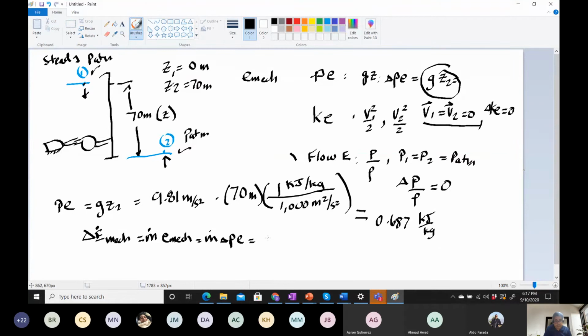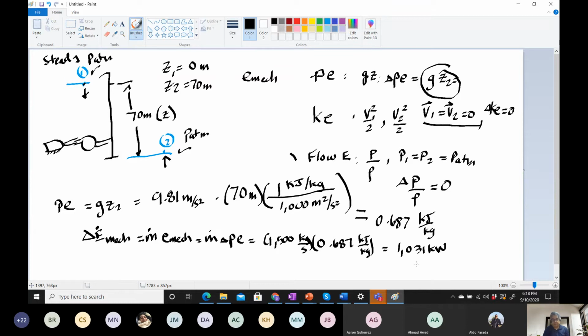So we have 1,500 kilograms per second, and we're multiplying by what we just found, 0.687 kilojoules per kilogram. That gives us a whopping 1,031 kilowatts.